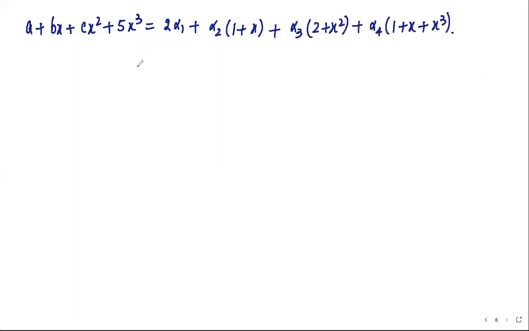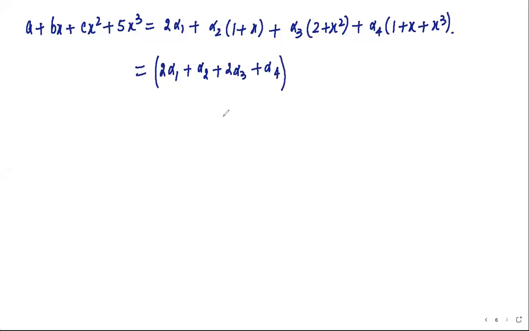Now let's simplify the right hand side. So here the constants are alpha 1, so here we write first 2 alpha 1, then here we have alpha 2, then here we have 2 alpha 3, and then here we have alpha 4.